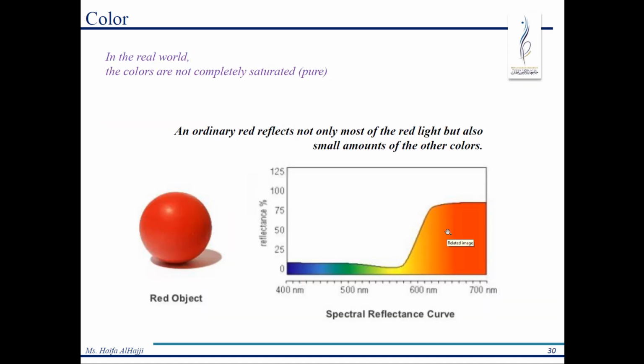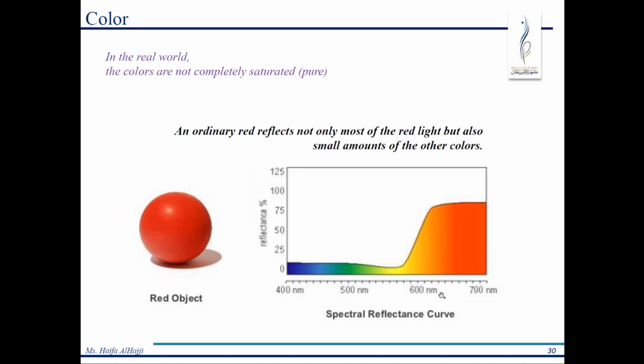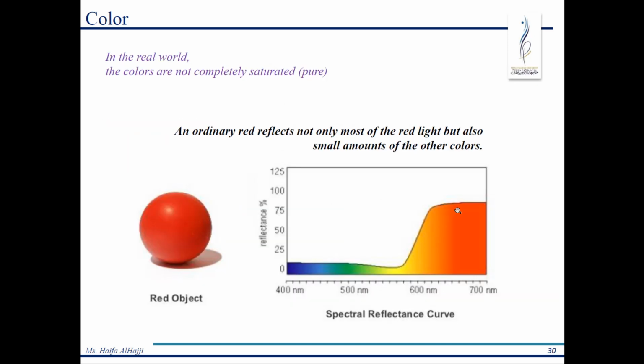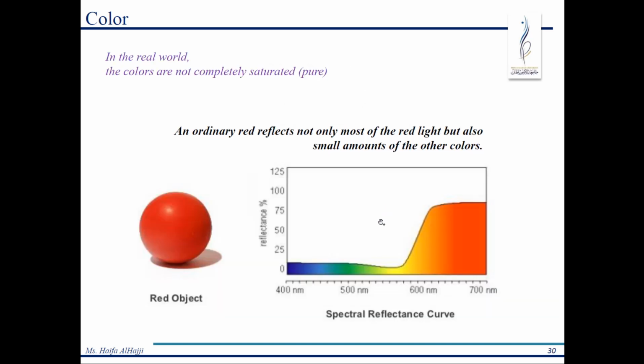Meaning, for example, if my surface has this SED and this red light is, let's say, more pure red, or let's say the falling light has this SED and the object is actually pure red. When the object reflects, it can't reflect these colors.